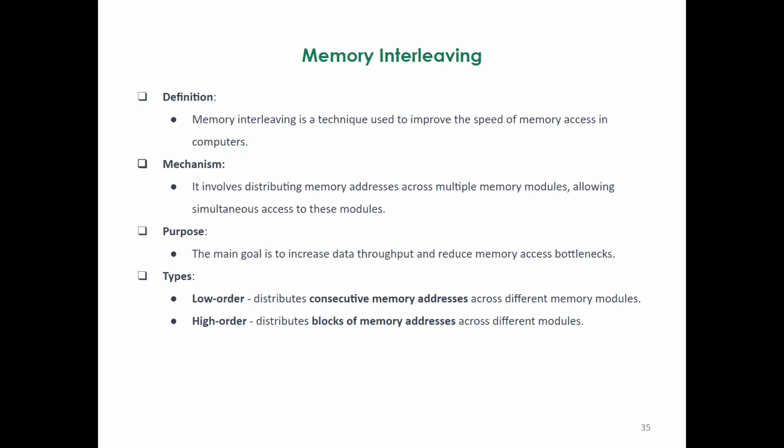In the case of an application with quite random accesses, you can do well with low order because your processor is accessing random addresses. So it's good to distribute those addresses across multiple modules so that you get the high bandwidth that we are referring to.